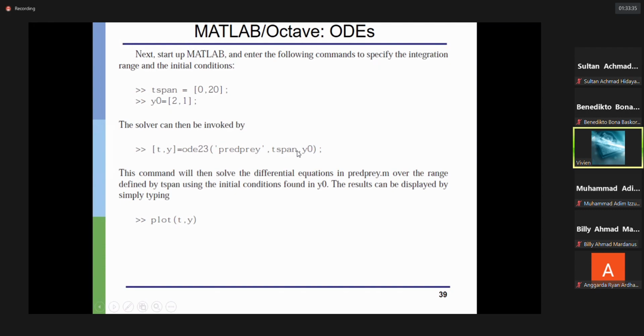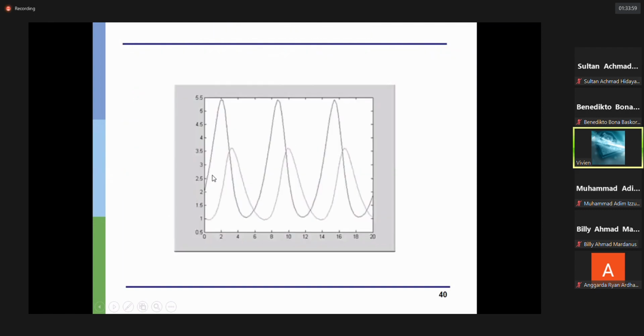These are the arguments passed to ODE23. To see the arguments, you can look at the MATLAB help manual or documentation. When we put in the function, the span, and the initial value, and then plot it, we will have the result here.